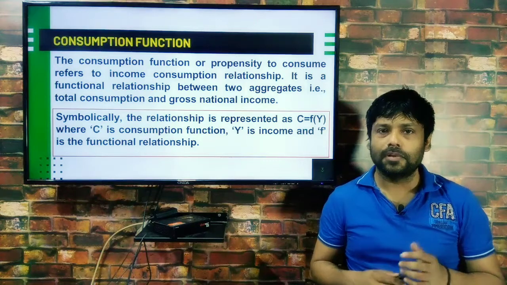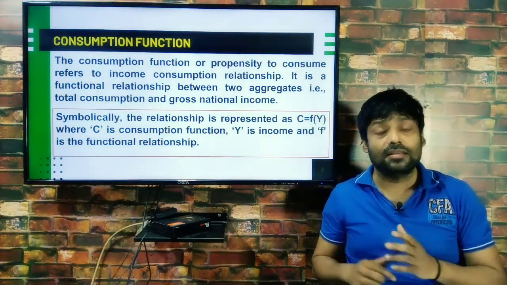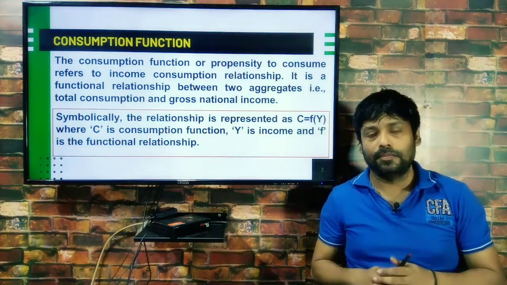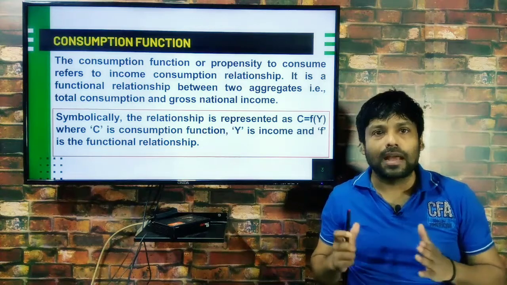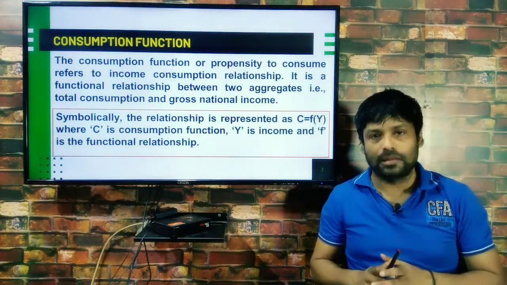Here we have to remember one thing, that C is the dependent variable and Y is the independent variable. This means that the value of consumption is determined by the value of income. Okay?